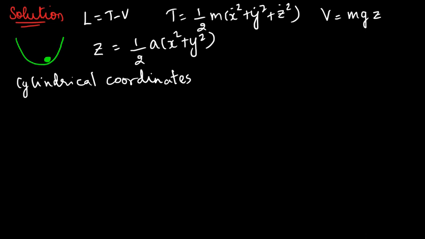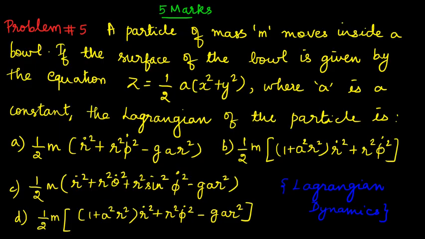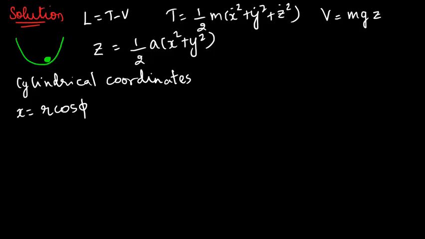So I can write, okay, just let me explain this first. On using the cylindrical coordinates, I get x is equal to r cos phi. I can write cos theta also, but if you see here the options, you're having the phi term, right? So I'm going to use phi over here. So r cos phi, and y will be r sin phi, right?